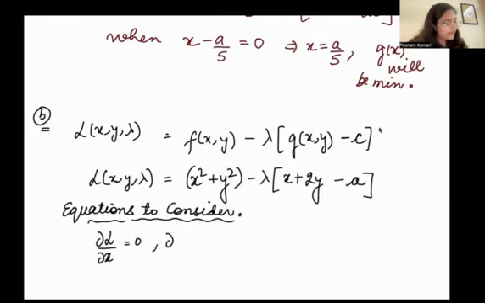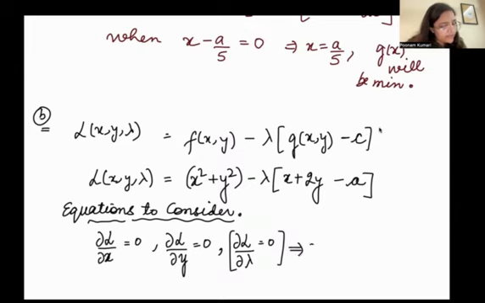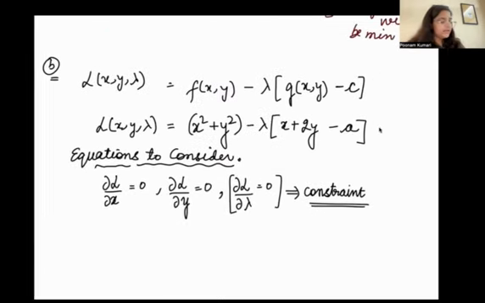Partial derivative of Lagrange with respect to y should also be put equal to 0. And partial derivative of Lagrange with respect to lambda should also be kept equal to 0, which is essentially what becomes my constraint.